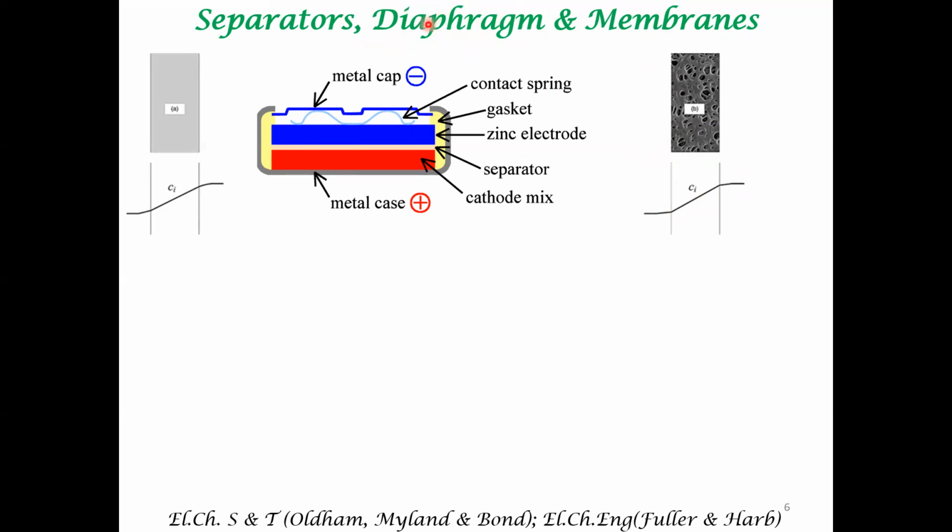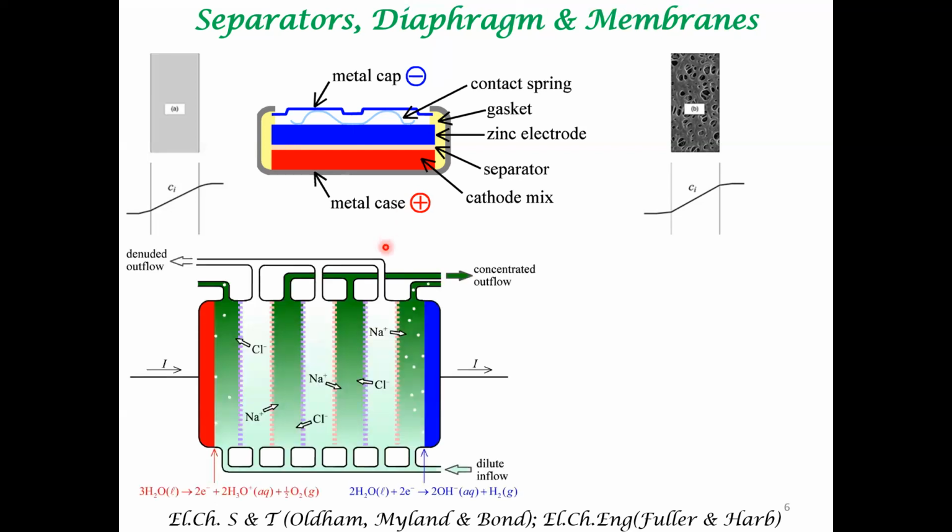That's just a name. And there is another more important concept of selective membranes that is also used in electrochemical reactors. For example, what is shown here is an electrodialysis unit. So what does this do? You typically use an electrodialysis unit for desalination. Okay.